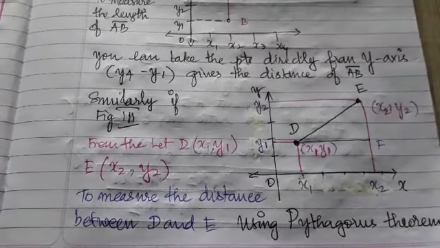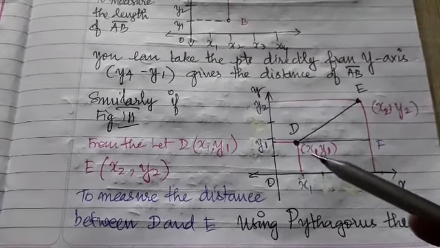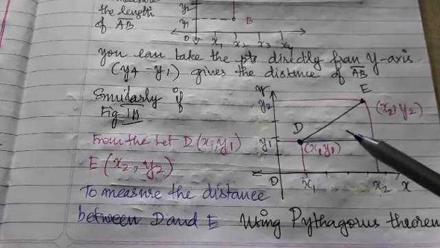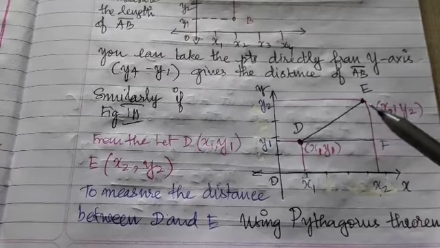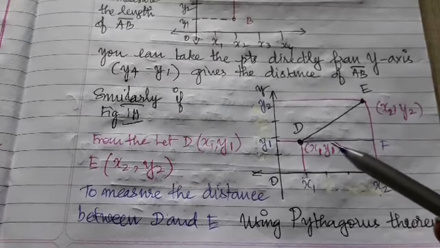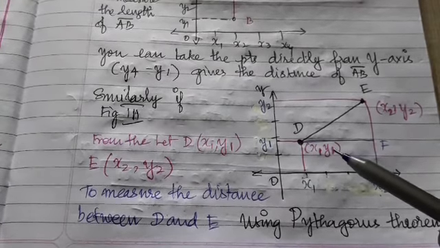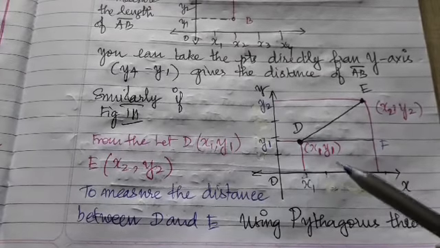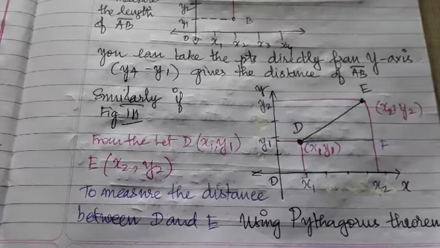So apply the Pythagoras theorem to the right angle triangle. We need DE. In a right angle triangle, by the Pythagoras theorem, DE square equals the sum of the squares of the other two sides, DF square plus EF square. Using this, we are going to derive the distance formula.